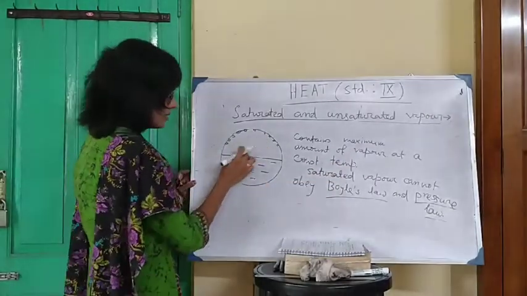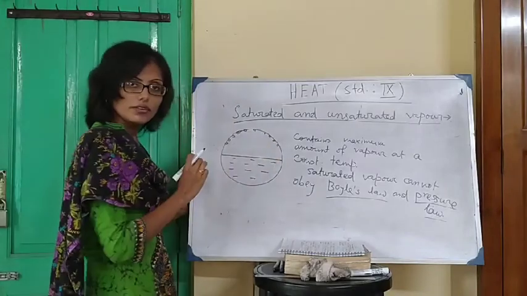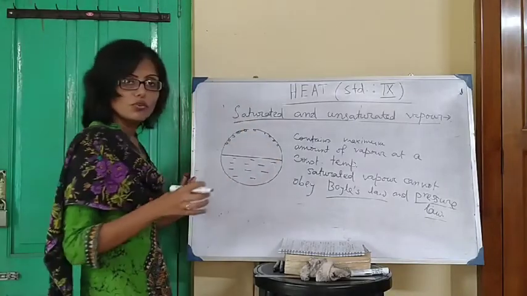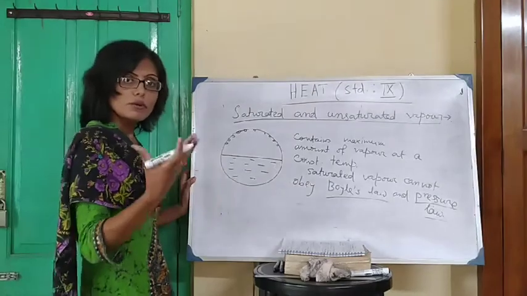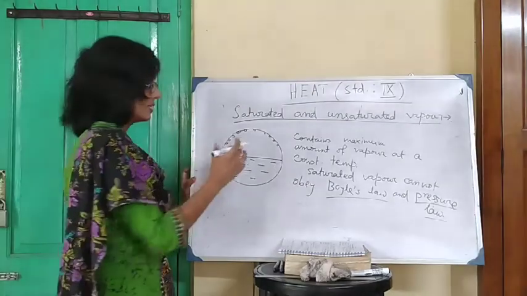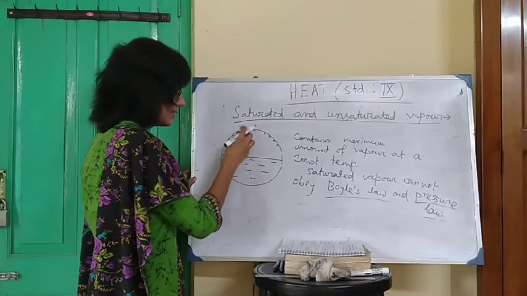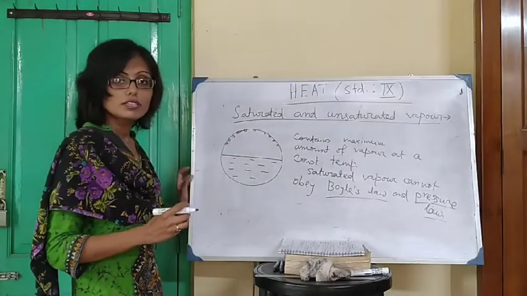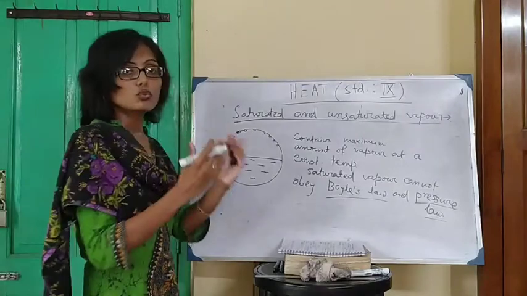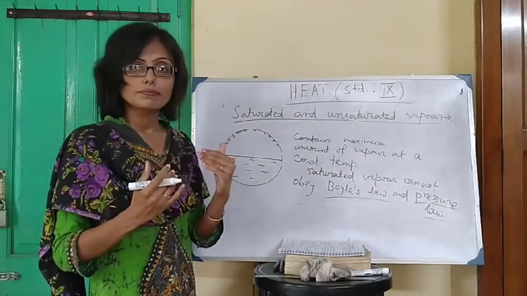Suppose consider this volume of air. If this volume of air can absorb more vapor at a constant temperature, then it is said that this air is unsaturated. So it has the capability to absorb more vapor. Clear?